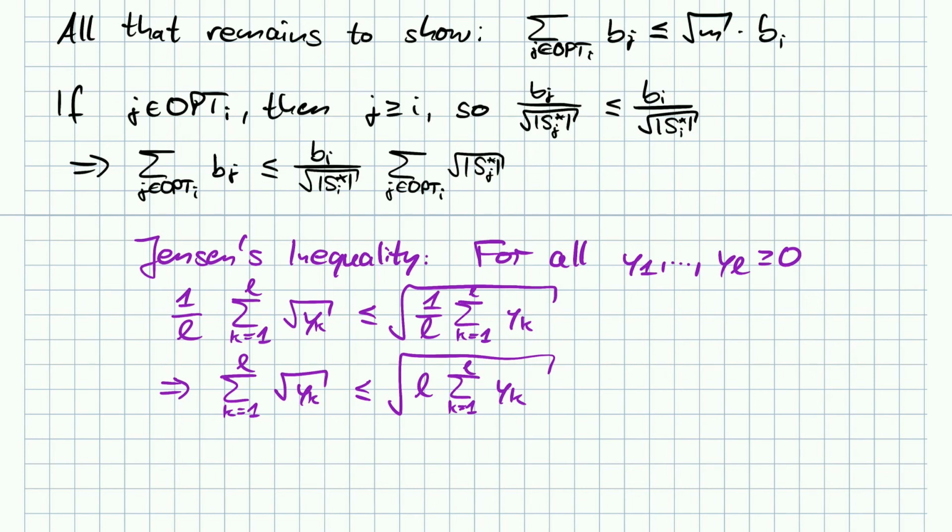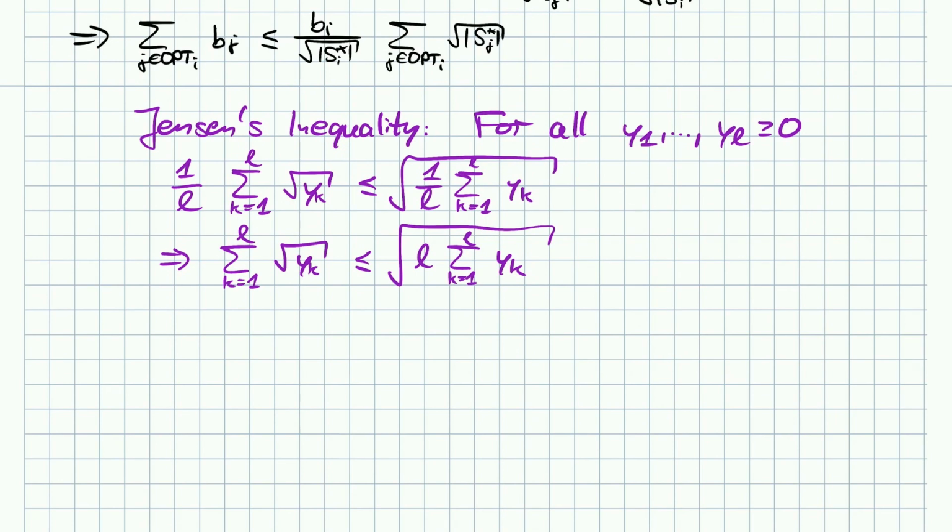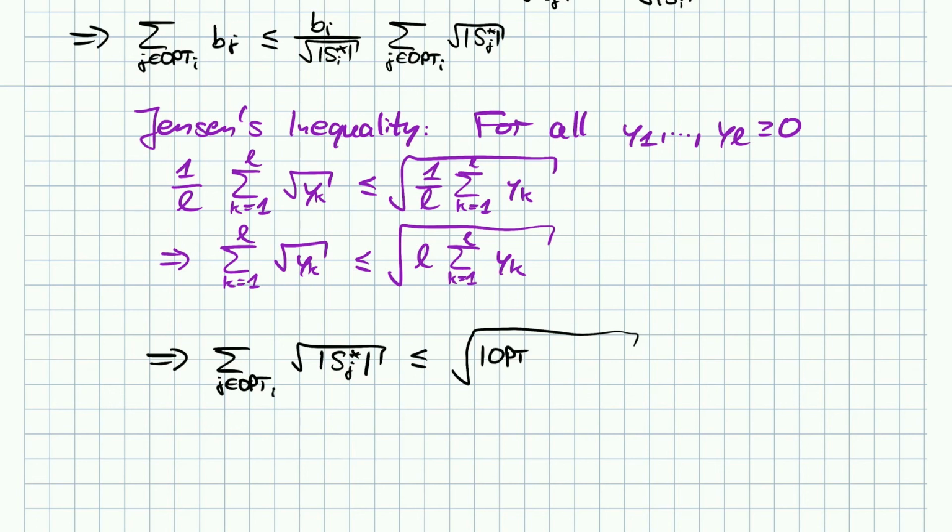So what we're getting from this is that this sum of all j in opt-i square root of the size of Sj star will be at most, how many terms are we adding up?